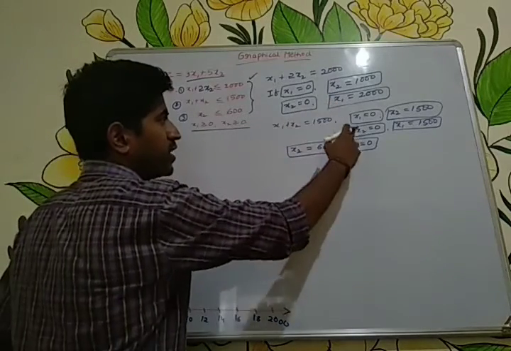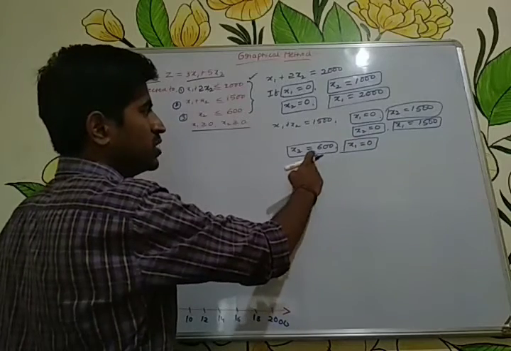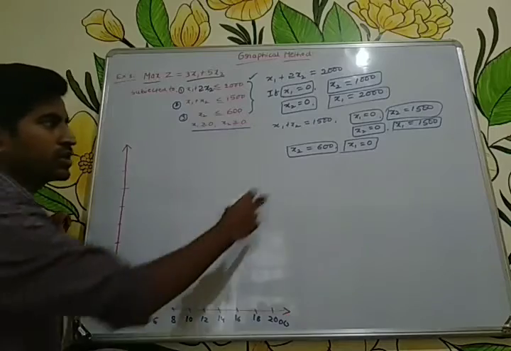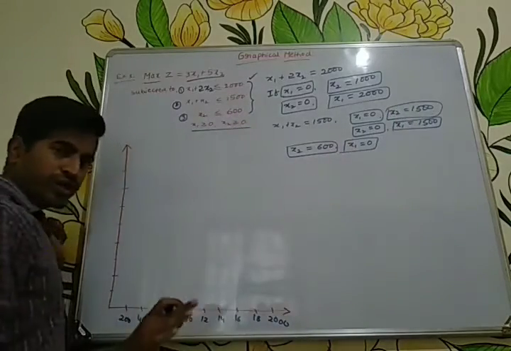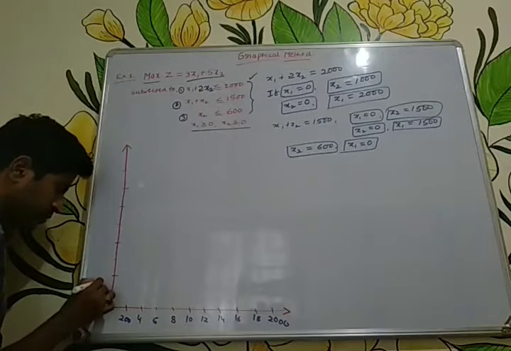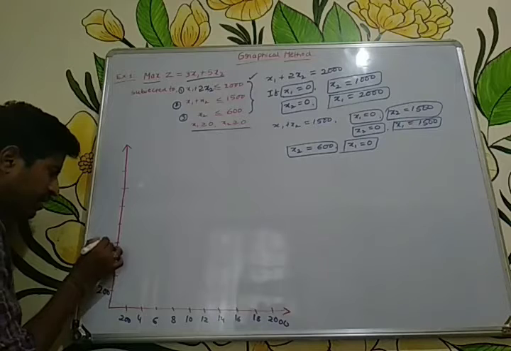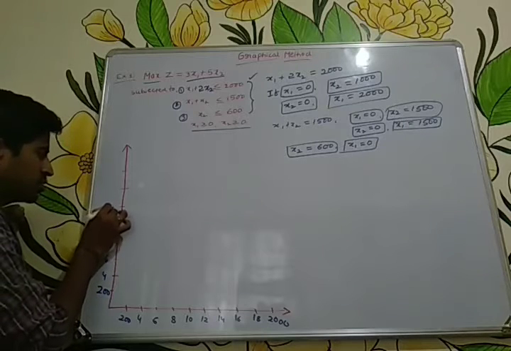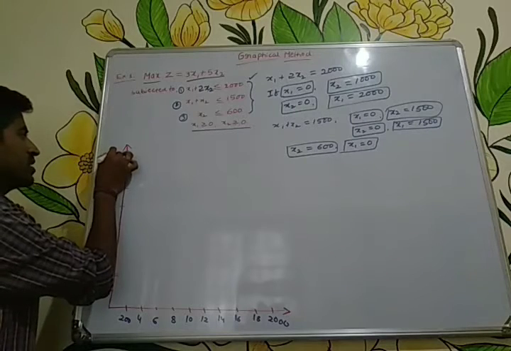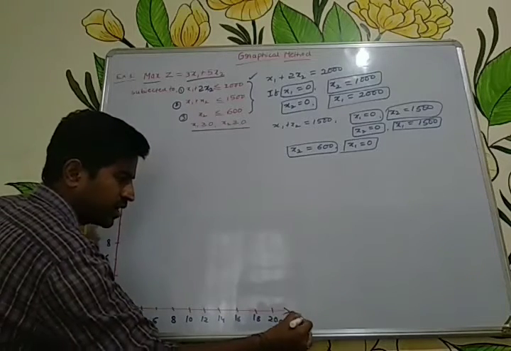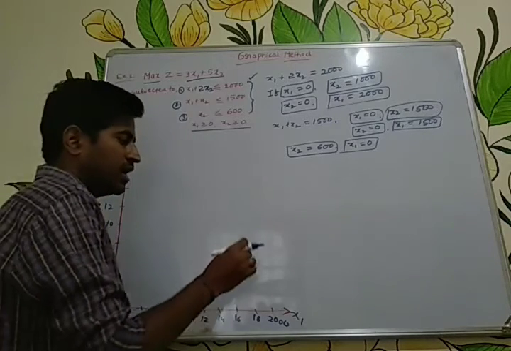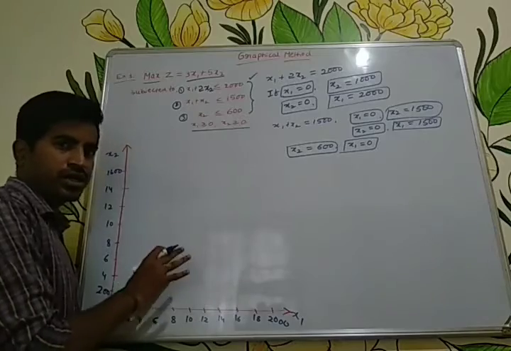And what is the maximum value of x2? It is 1500. Again, here it is 200, 400, 600, 800, 1000, 1200, 1400, 1600. So this is x2 and this is x1. Clear? Now let us go on marking the points on this graph.